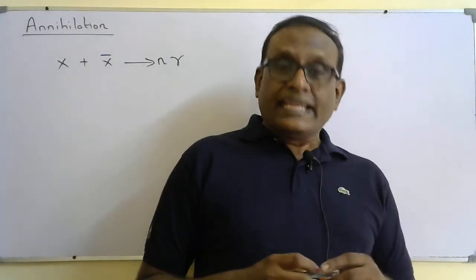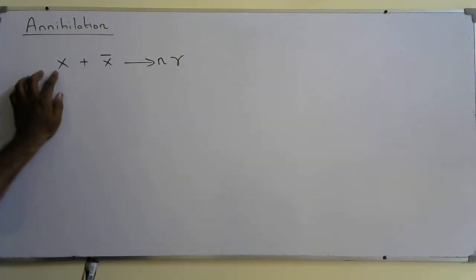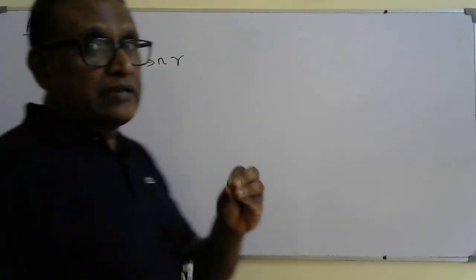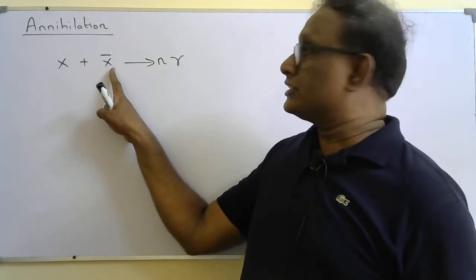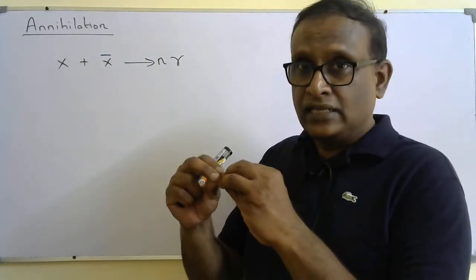In this reaction, the particle X might be in motion, so it possesses kinetic energy, and its mass has an equivalent amount of energy. The antiparticle might also be in motion, so it possesses kinetic energy too.